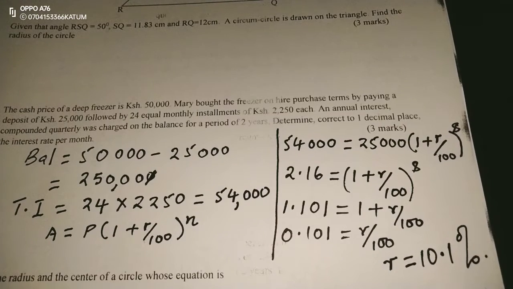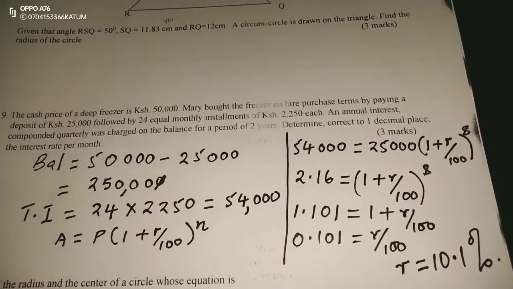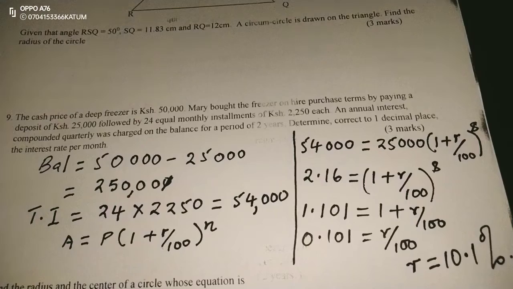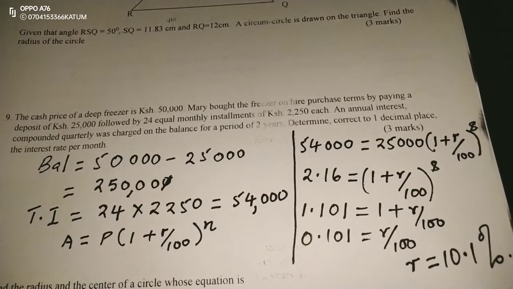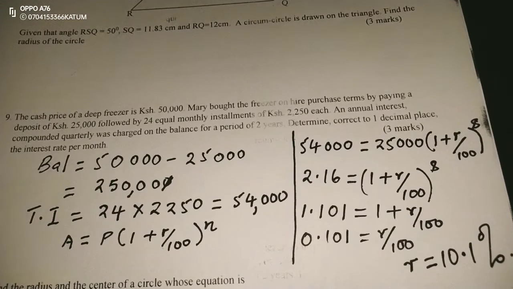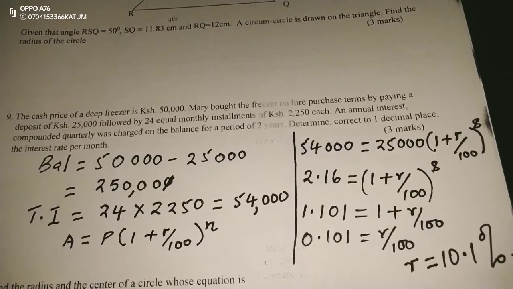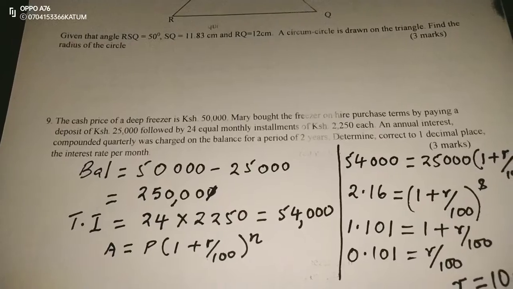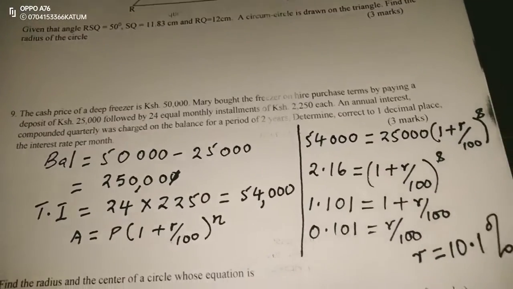10.1%. Now, this rate is compounded quarterly. So we are supposed to know that we are determining, correct to one decimal place, the interest rate per month.